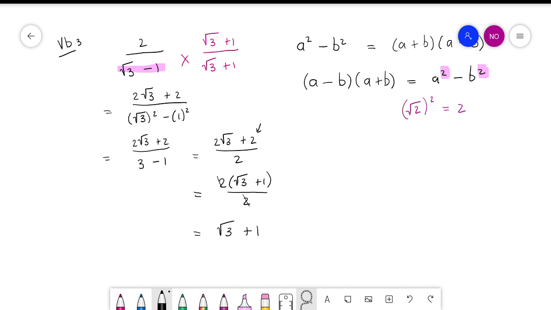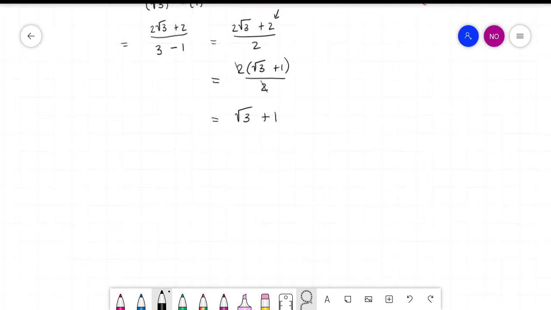So hy moet daar in die hakkie wees. Okay, let's quickly do that.